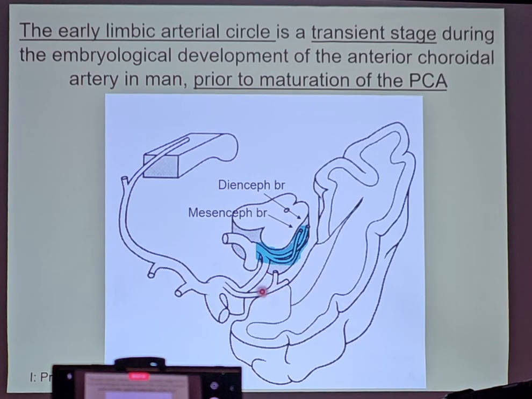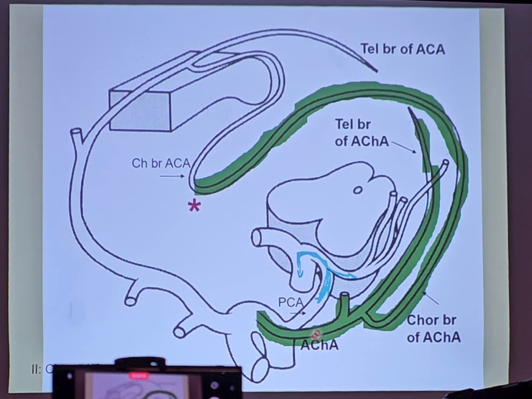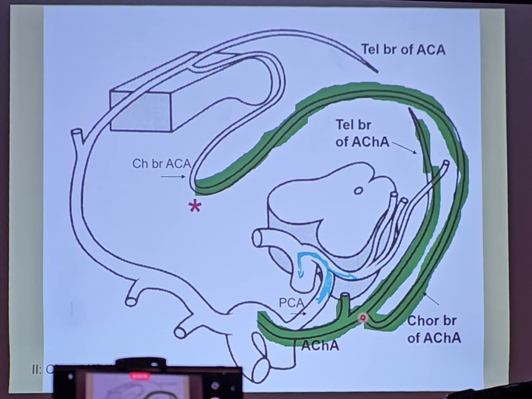Now the posterior cerebral artery, which supplies the upper basilar territory, has some very small branches to the mesencephalon and the diencephalon, but basically nothing else. So as the brain is still developing, these are the only small vessels that come off the posterior cerebral arterial system. But the anterochoroidal and anterocerebral arteries are strongly developing because of the need to supply the choroidal system.